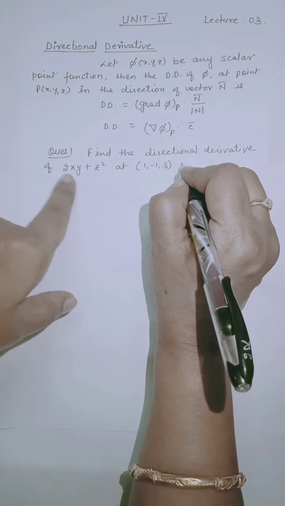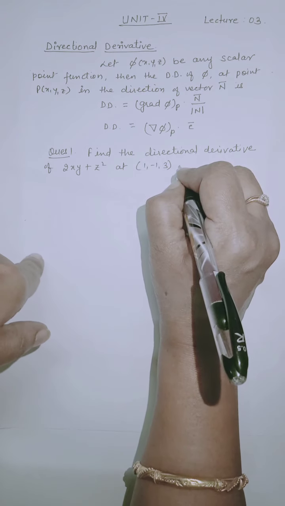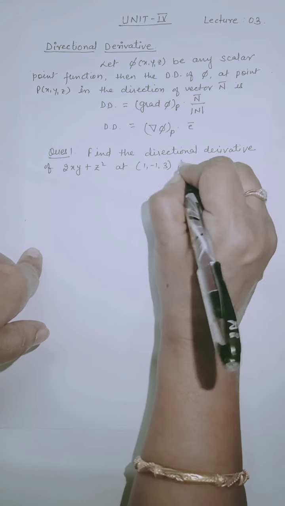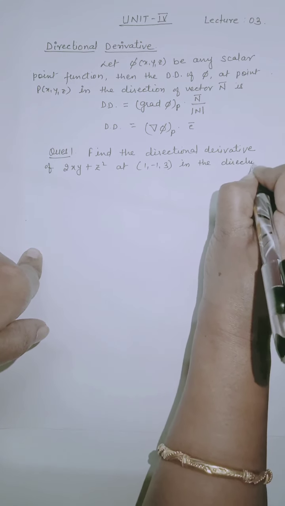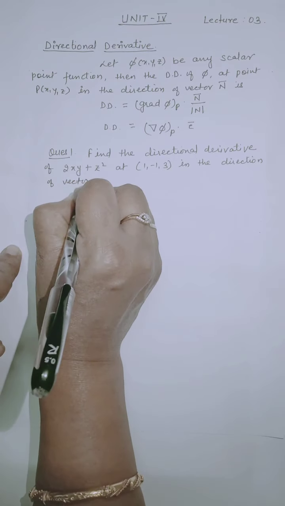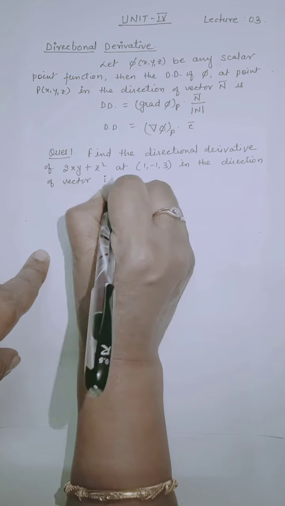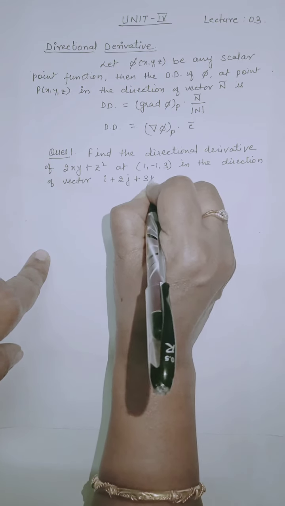Find the directional derivative of 2xy plus z square at 1 minus 1 3 in the direction of vector I plus 2j plus 3k.